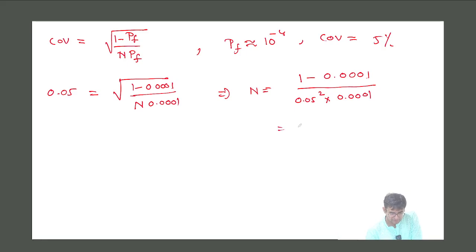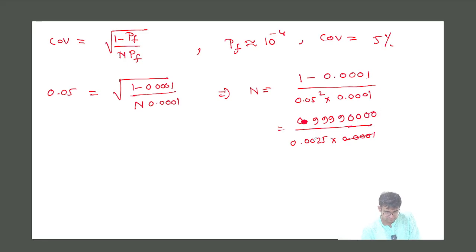So in the numerator you will have 0.9999, divided by 0.0025 multiplied by 0.0001. If I remove the decimal, I can multiply it by 1000, and I will add 4 zeros. So now divide it and see what you are getting.